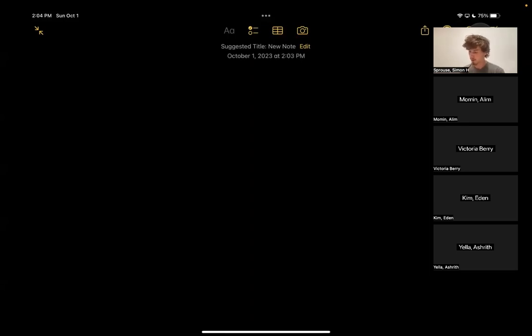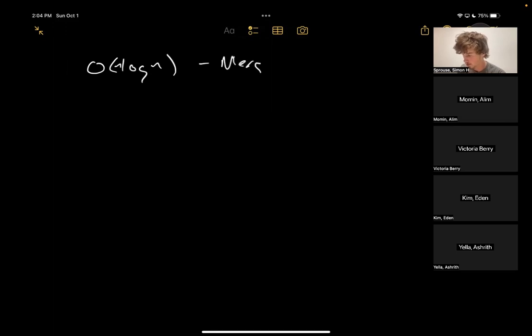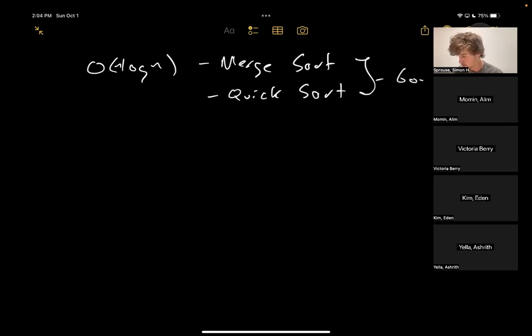Essentially, quicksort is one of several n log n sorts. Today we're going to be covering merge sort, maybe if we have time, and quicksort. This is its own class of relatively good sorting algorithms.